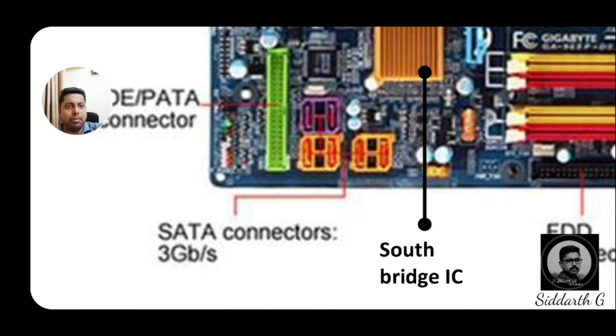These connectors are used to connect a particular disk, actually the internal hard disk, to the motherboard. This type of connector is used with the pink cable in your CPU. If you are able to observe, that cable is what we call a SATA cable.